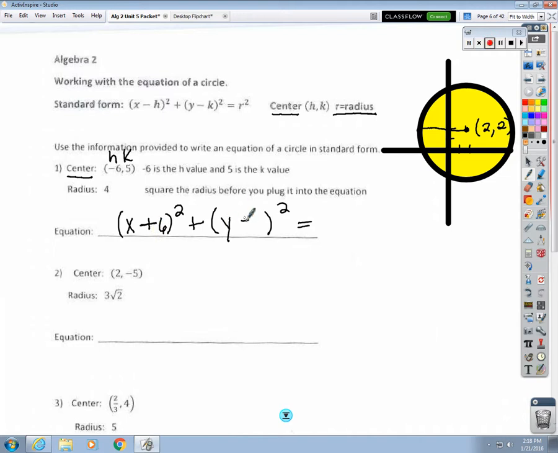Over here, y minus k, what's the k value? 5. Then you look at the radius, which is 4, and square it. So 4 squared is 16, and then you're done. This is the equation of a circle that has a radius of 4, and the center is located at negative 6, positive 5. That's all we're doing today.